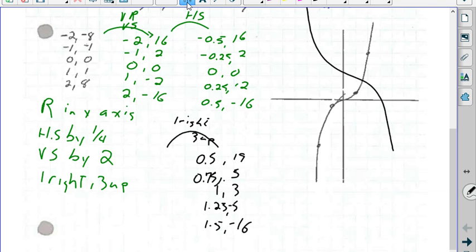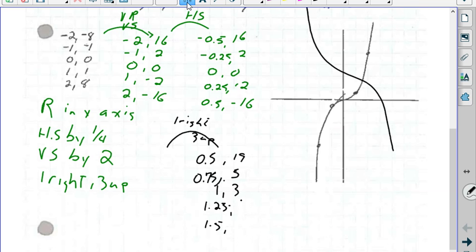So again, that's a sketch. So plotting polynomials is no different than if we were to plot any other graph. Oh, did I? Hey, I forgot to do that. You're right. I moved it over, didn't move it up.